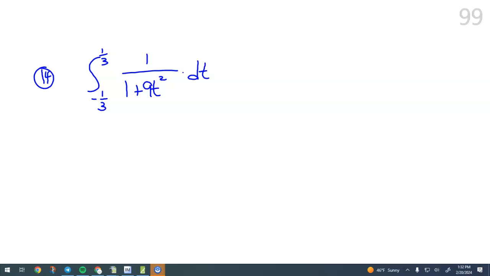The first thing I would try, especially because we're in the u substitution section, maybe I rewrite it and bring that up. And then I'm going to look at, can I do u substitution? So think through the u substitution with me. That'd be my u. So what's du? It'd be like 18t, right?